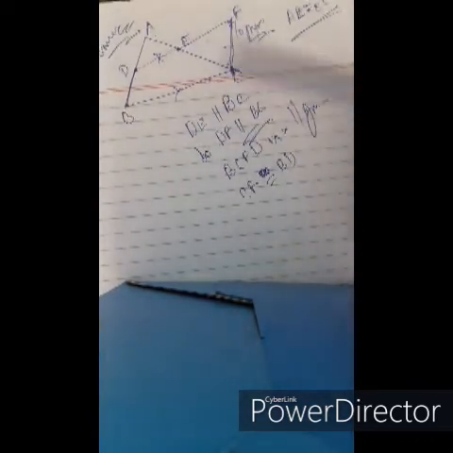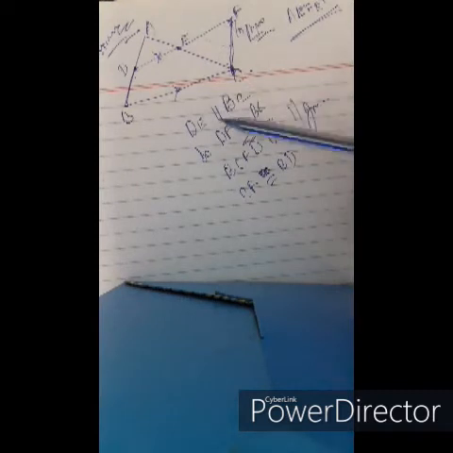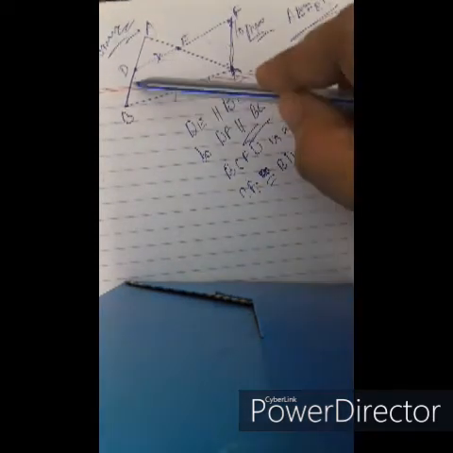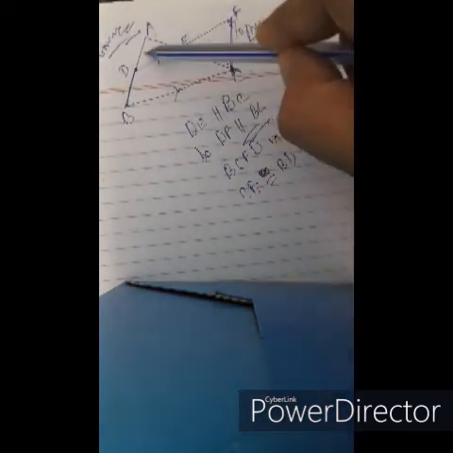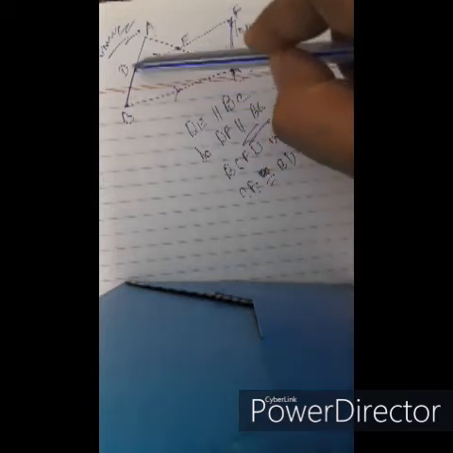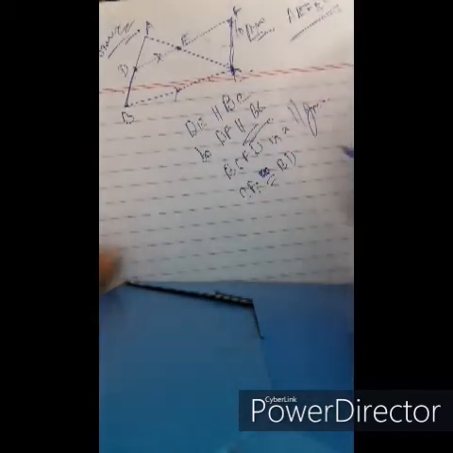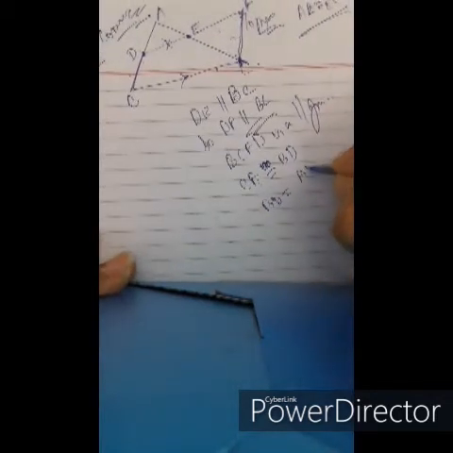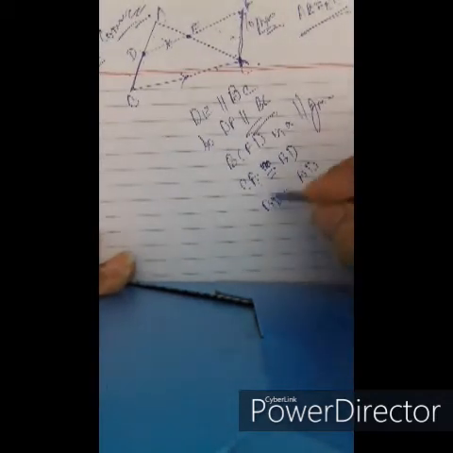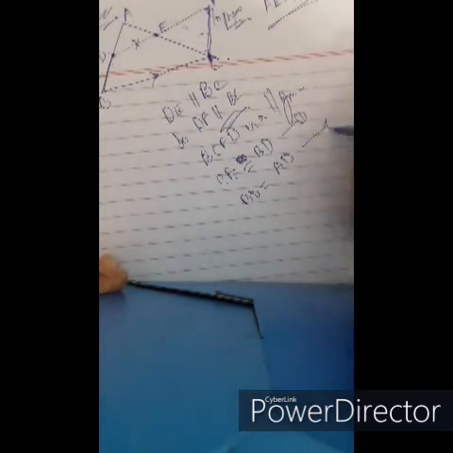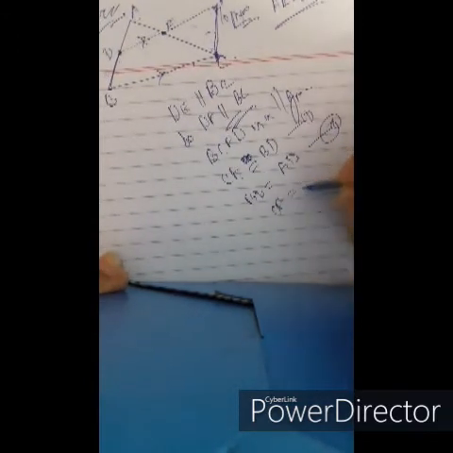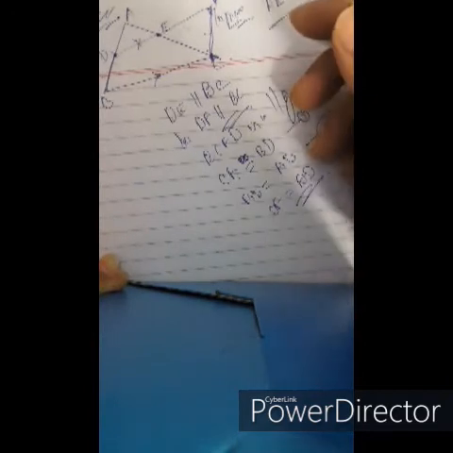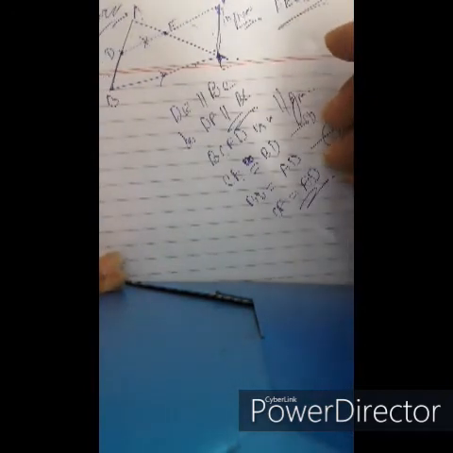So CF equals BD, and BD equals AD, since in the beginning it was given that D is the midpoint of AB. So BD equals AD. Alright, so from these two equations we get CF equals AD.